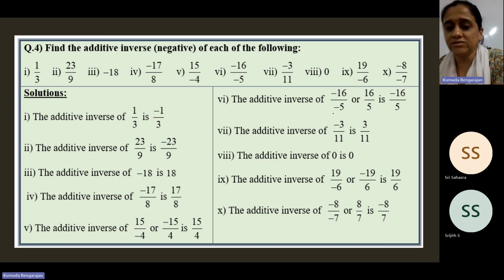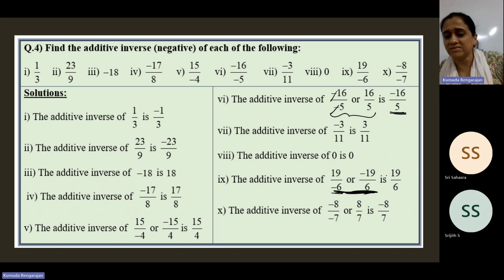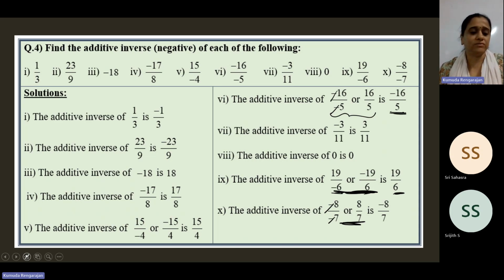What I've written here is a question itself. Minus 16 by minus 5, minus and minus cancel, so it is 16 by 5, and this is its negative. 19 by minus 6 is nothing but minus 19 by 6. This is the question, and the answer is plus 19 by 6. Minus and minus cancels, so it's 8 by 7. This is the question, 8 by 7, so minus 8 by 7 is the negative.